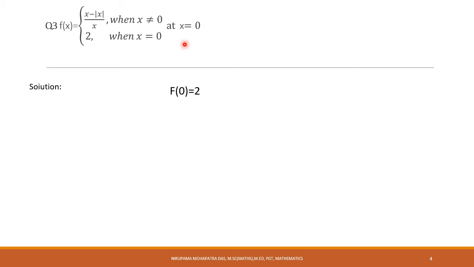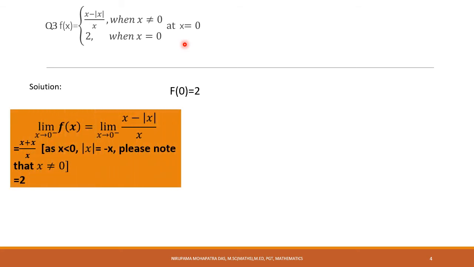So we have f(0) equal to 2. Is it clear? Now next you see, whenever we take mod x and we are given x not equal to 0, it means x is either greater than 0 or less than 0. When x less than 0, mod x equal to minus x. And when x greater than 0, mod x equal to x.